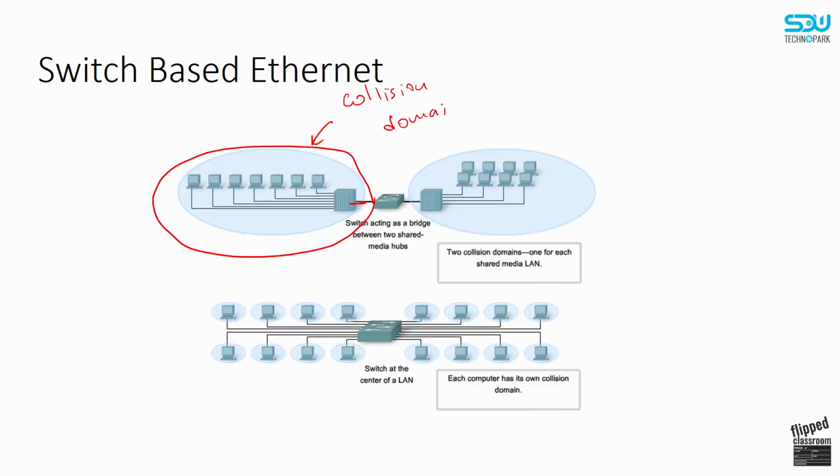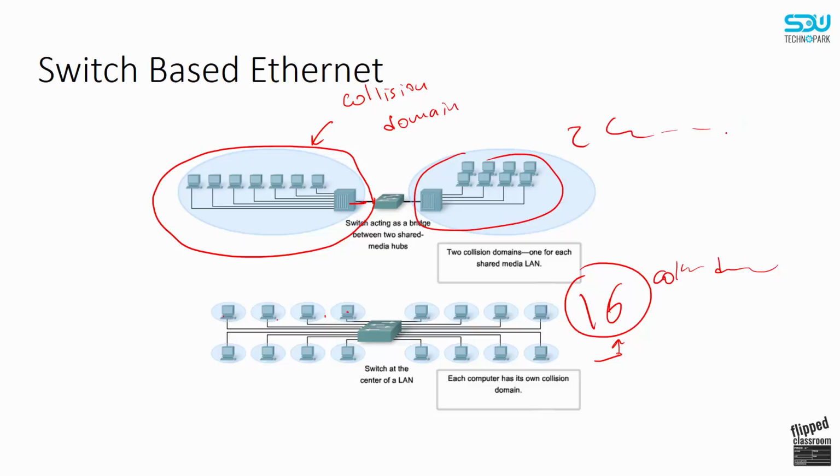If you have a lot of computers directly connected to the switch, like 1, 2, 3, 4, I think that here we have 16 connections from the switch, then you have in this example 16 collision domains. But in this example you have only 2 collision domains. Alright, let's continue.